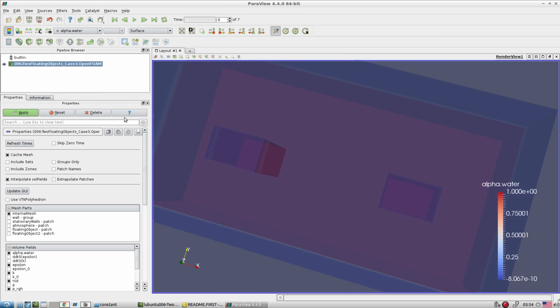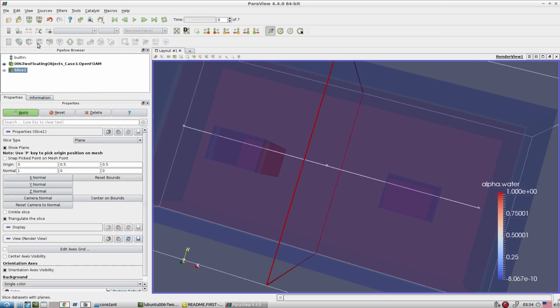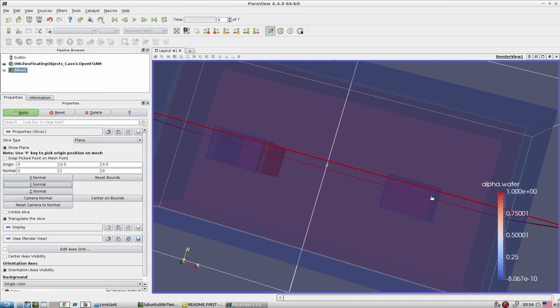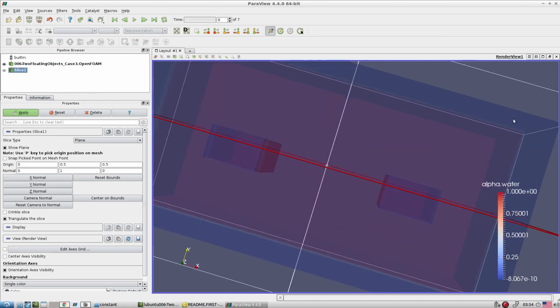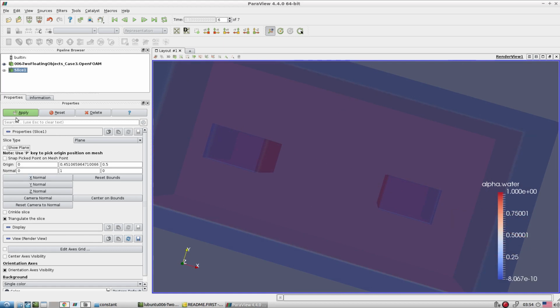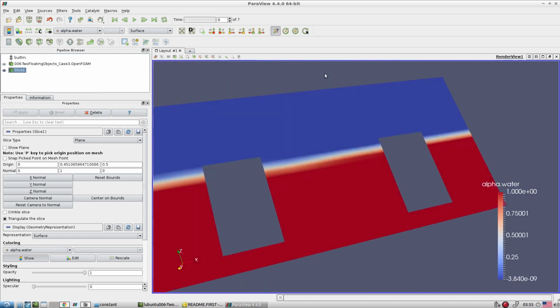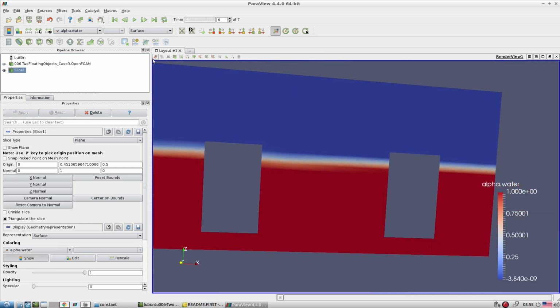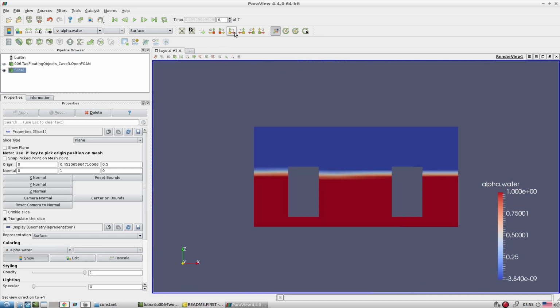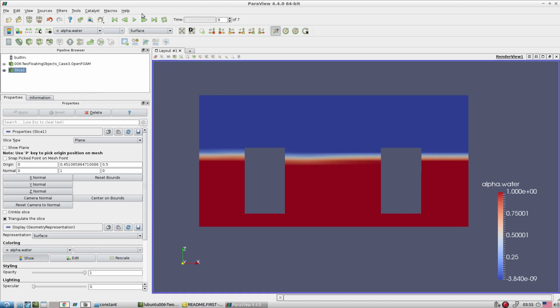Let me cut the plane in the z direction. Almost, it's supposed to pass through. Okay, so this is our cut plane view, y directions. Now just check, we are specifying these motions.